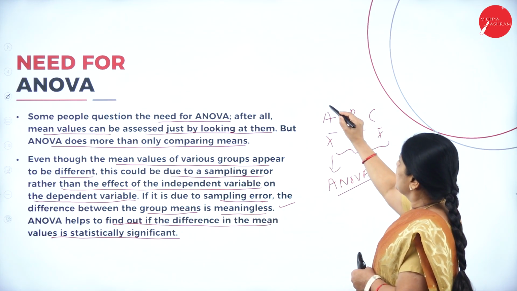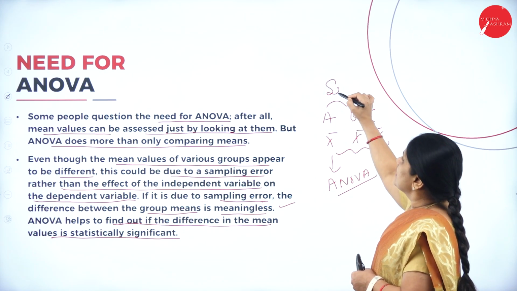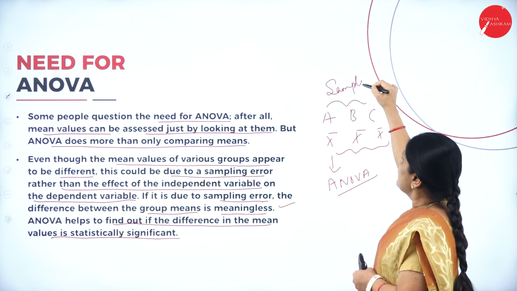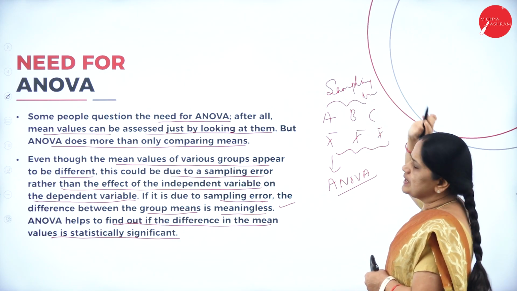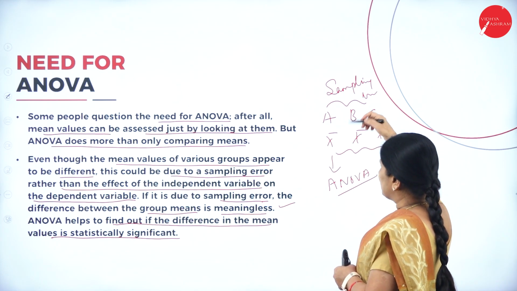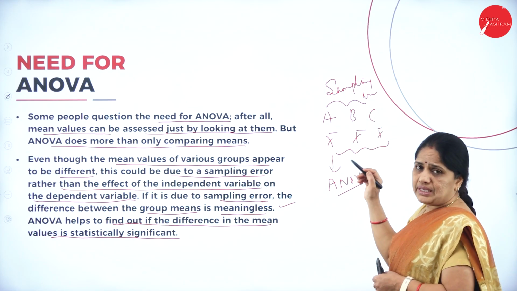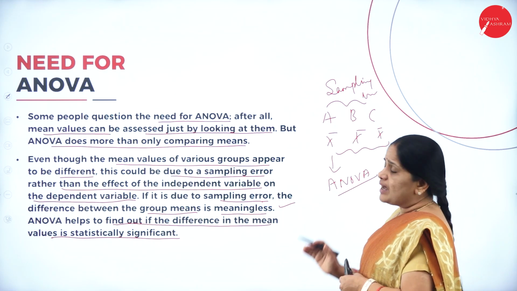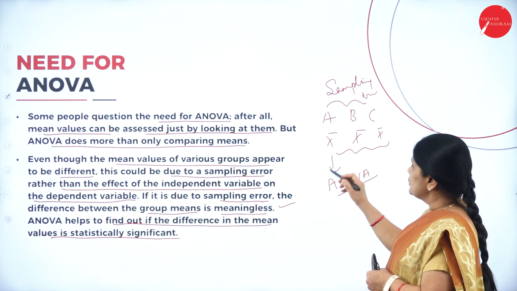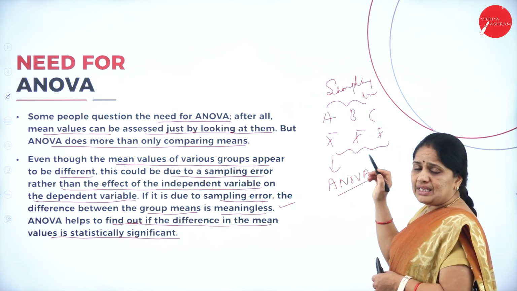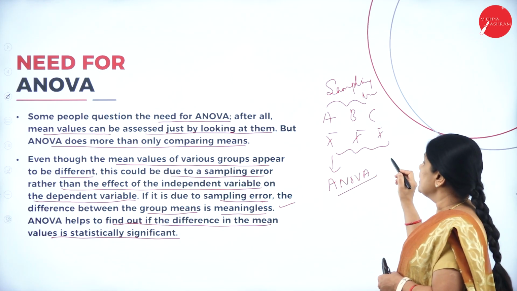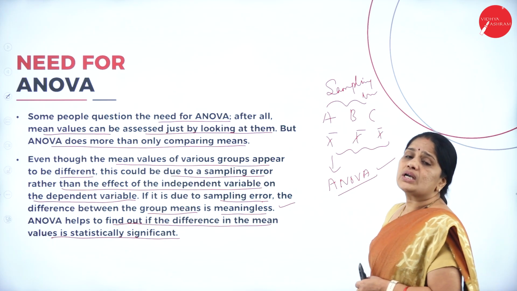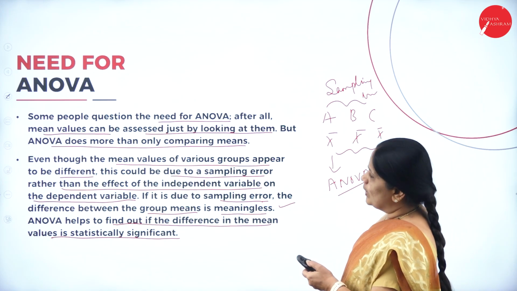The sampling errors we have learnt in the previous chapter itself. So if because of sampling error there is a mean difference, then that mean difference is meaningless. But if the means are statistically significant, that we can know only with the help of this ANOVA.